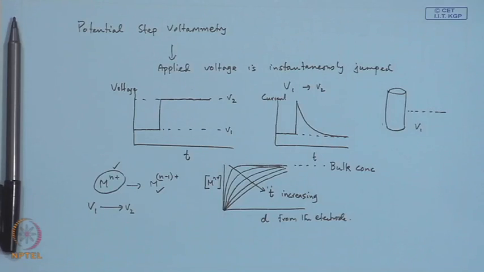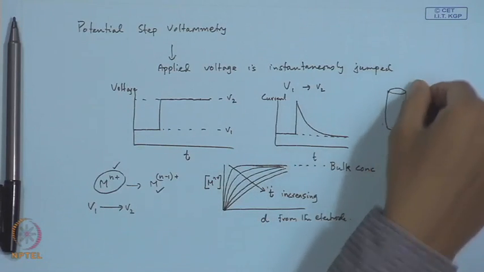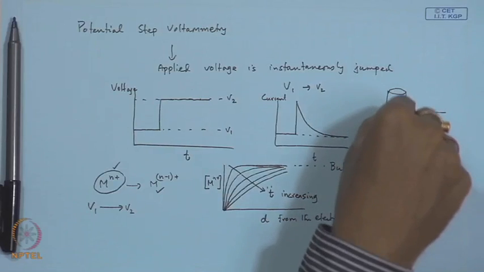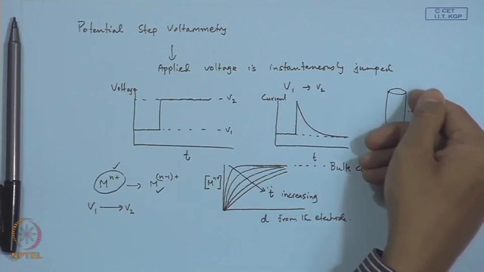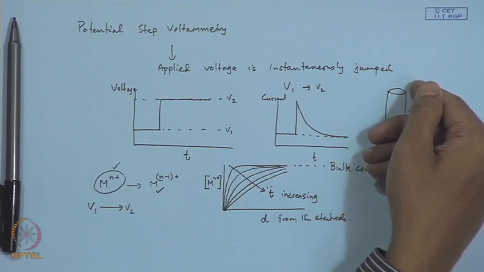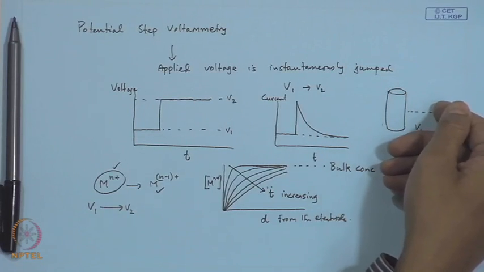Okay. So, this is called potential step voltammetry. This is basically you change the potential, and the moment you change the potential, the ions which are close are initially consumed, and then the next layer of electrode ions will diffuse. So, this diffusion will continue.